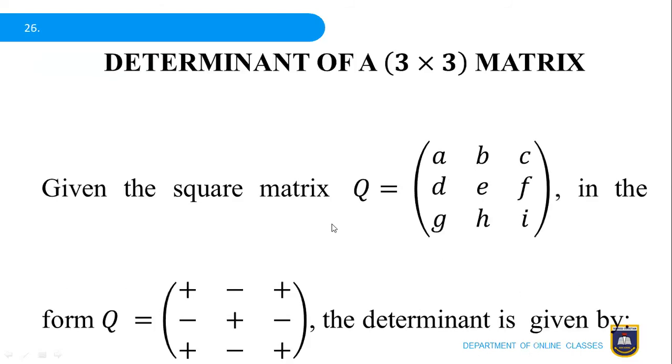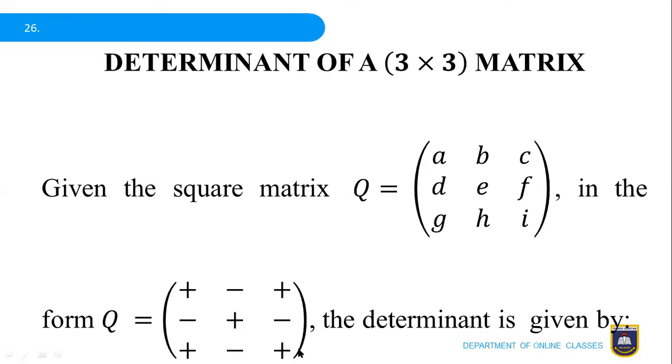So we move to the determinant of a 3 by 3 matrix. Knowing how to find the determinant of a 2 by 2 square matrix, we want to find the determinant of a 3 by 3 matrix. So given the square matrix Q equal to A, B, C, D, E, F, G, H, I, this is a 3 by 3 square matrix. The signs must be in the order plus, minus, plus, minus, plus, minus, plus, minus, plus.